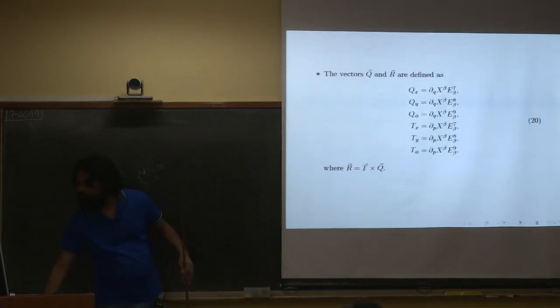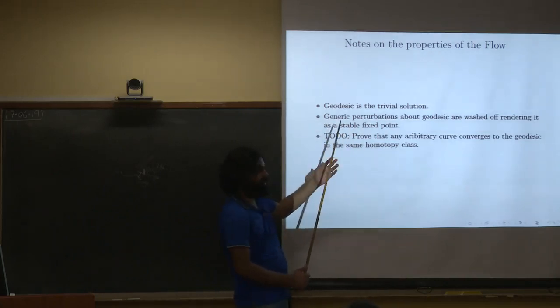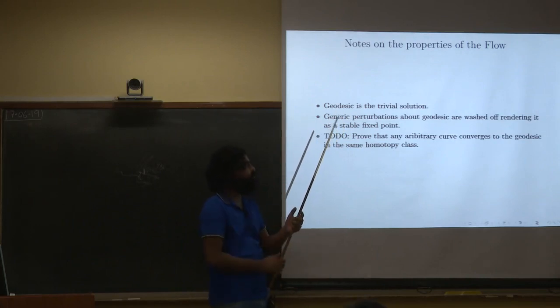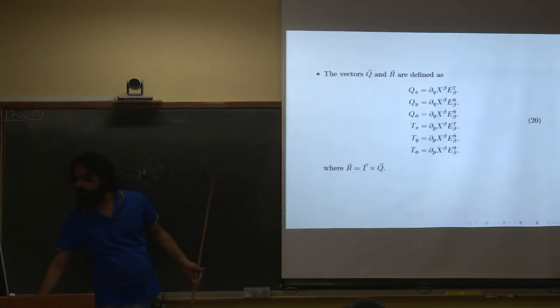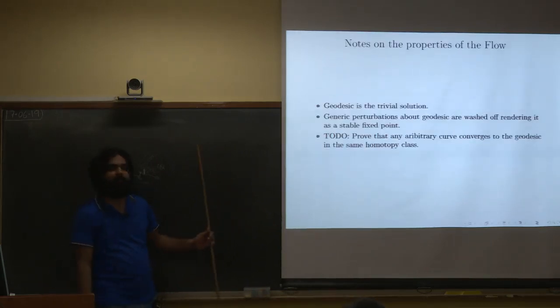In the last slide, I have seen that geodesic is the solution. If we perform any generic perturbations about this loop operator and perform this RG with these flow equations, all the perturbations are washed away, and we again end up with geodesic.